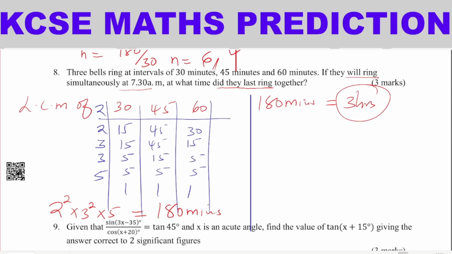To get that, you simply take 7:30 and subtract, because the question is what time did they last ring together. So we subtract 3 hours, and this will give 4:30 a.m.